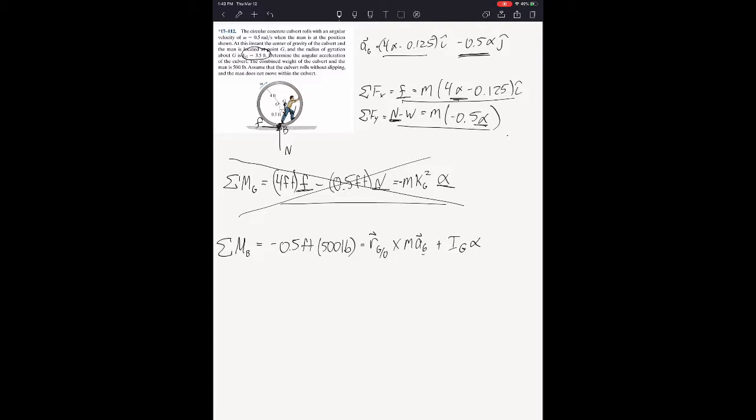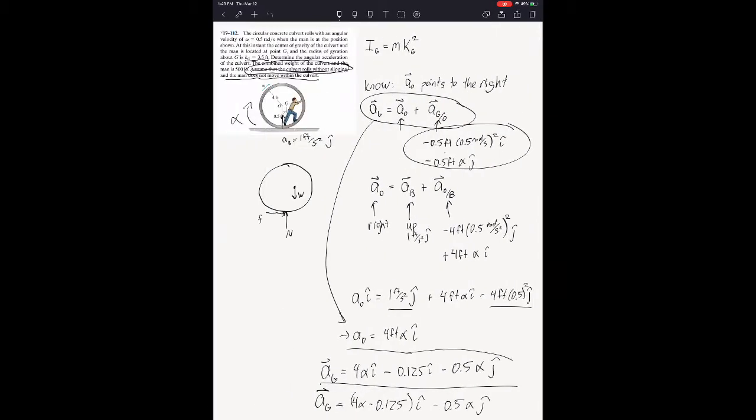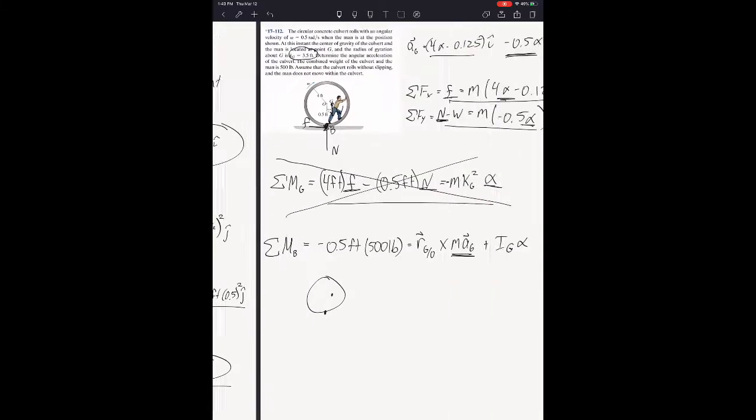Like I said, think of this as a force. Let me draw a little picture here. I have this point where the center of gravity is. I have AG, which is equal to this, to the right and down. So I'm going to go ahead and label that.